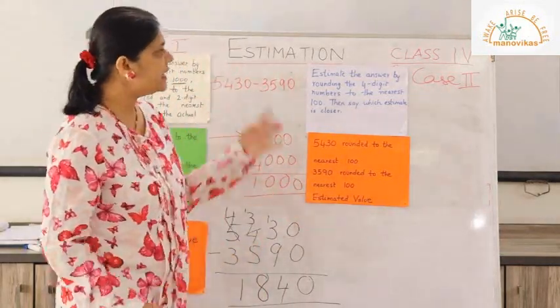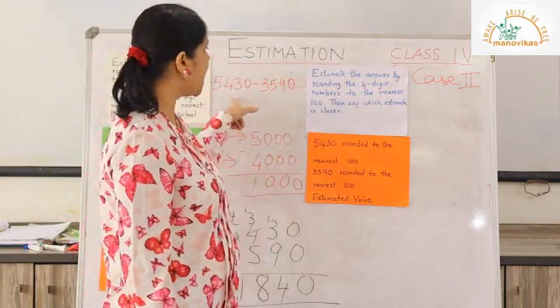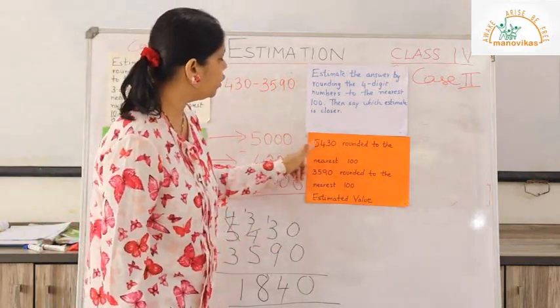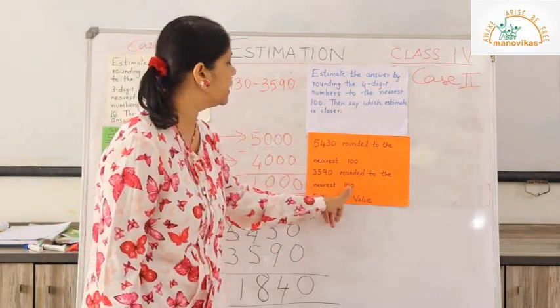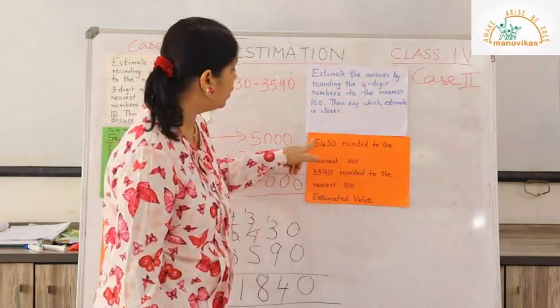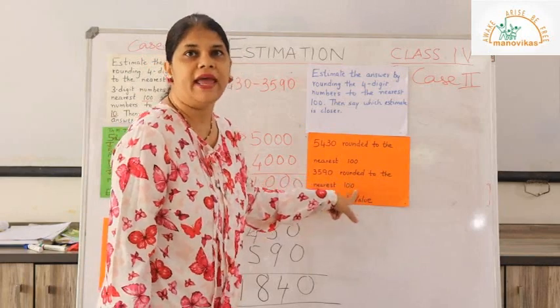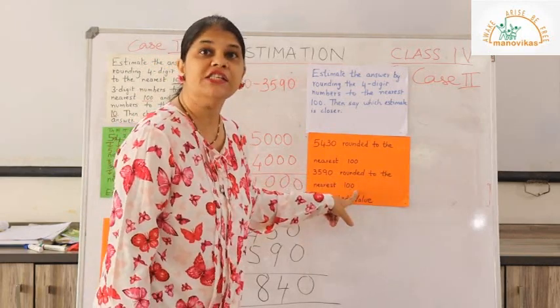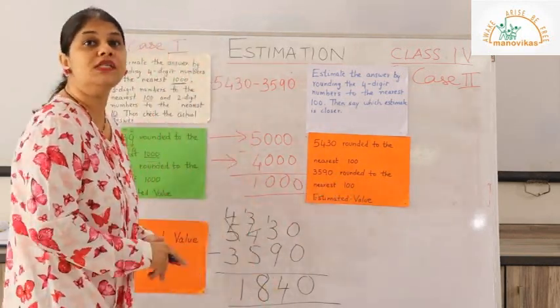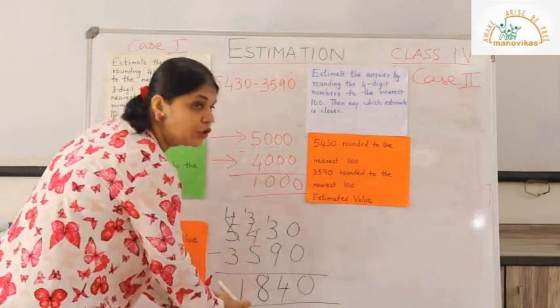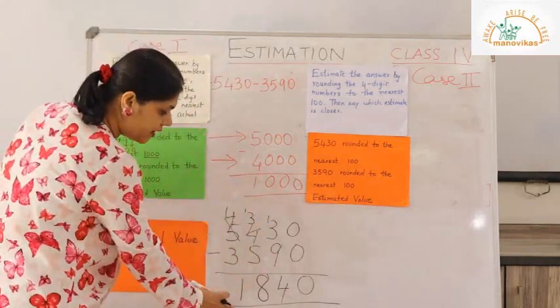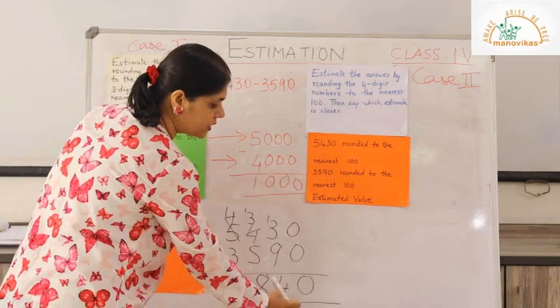Now let us apply a different condition for the same sum. That is, let us estimate the same answer by rounding both the 4-digit numbers to the nearest 100, and then say which estimate is the closest to the actual value. Now what is the actual value here? 1840.